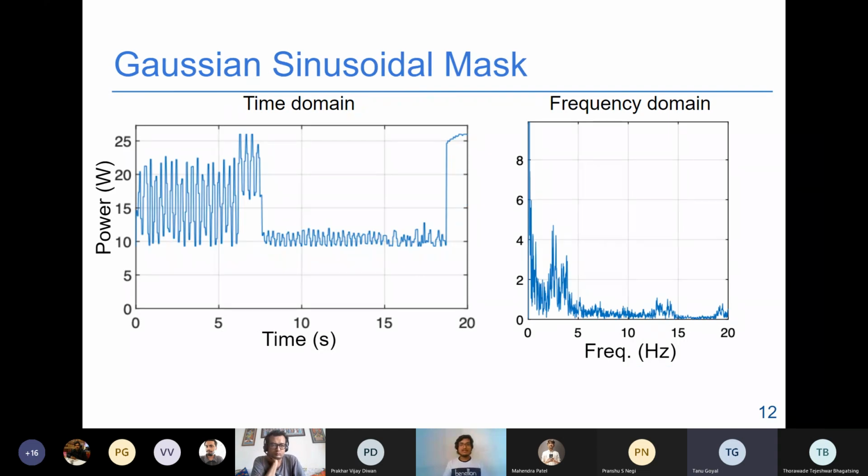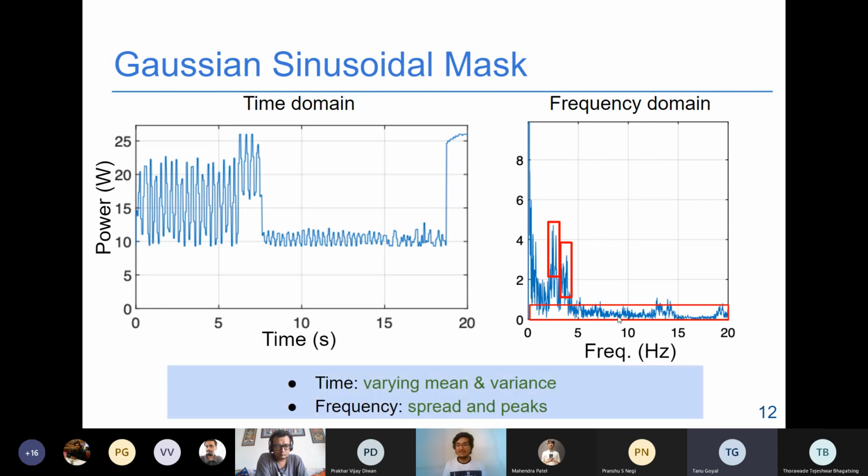Now the second mask is a Gaussian sinusoidal mask, and this was exactly the mask which I had shown in one of the earlier slides. In this mask, you see that the mean and the variance are actually varying in the time domain, and you also see some peaks and a spread of frequencies in the frequency domain.